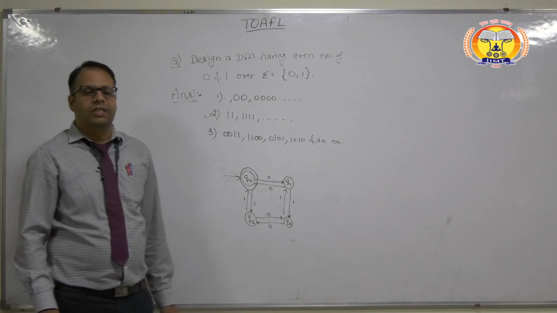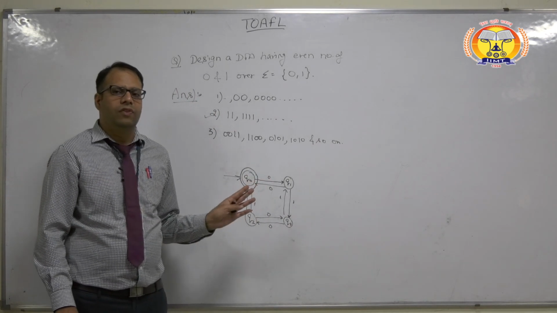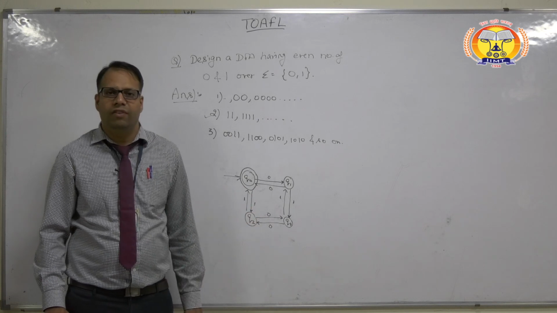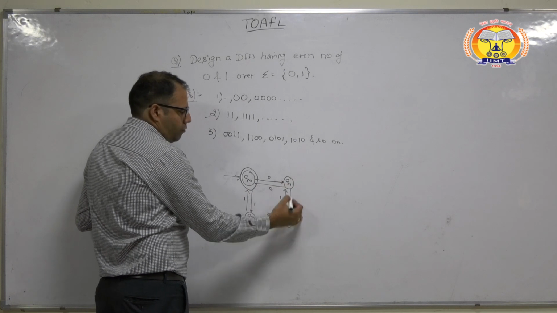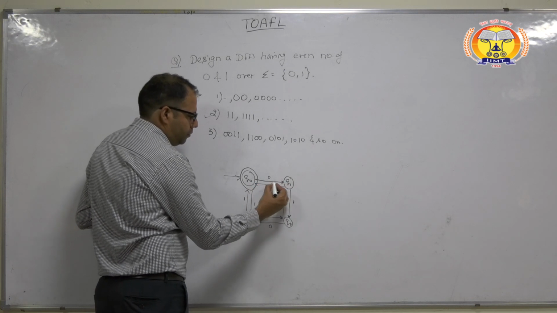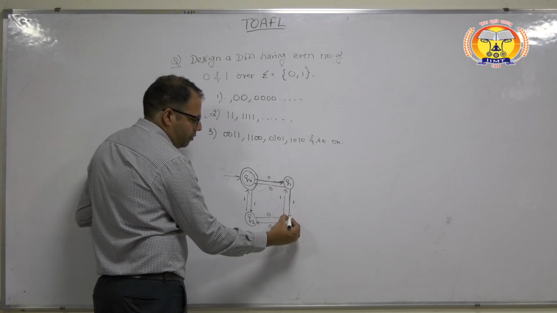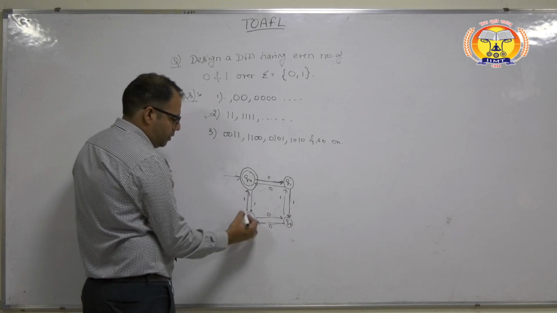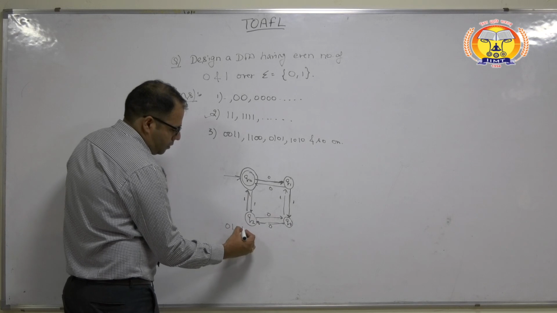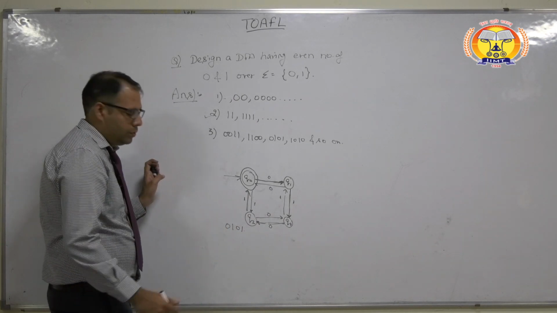From this we can satisfy all of the conditions through which we get an even number of 0s and an even number of 1s, like 0 1 0 1, and the state is closed.